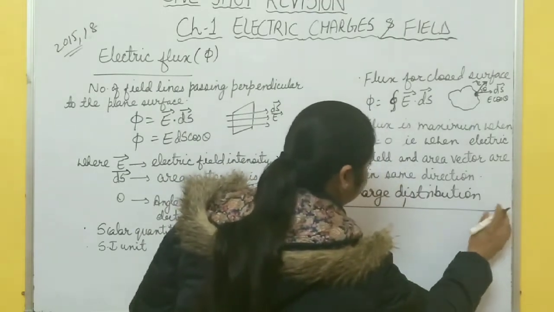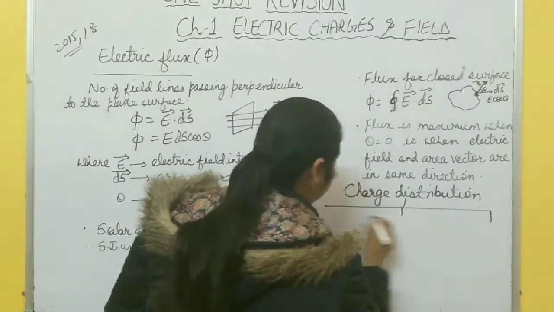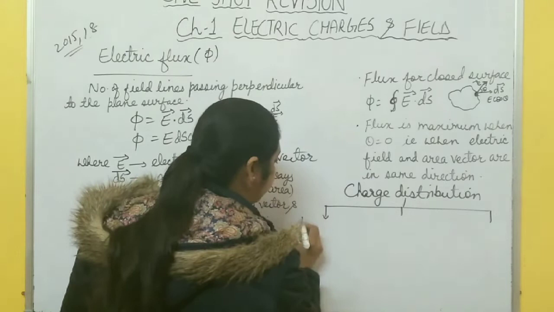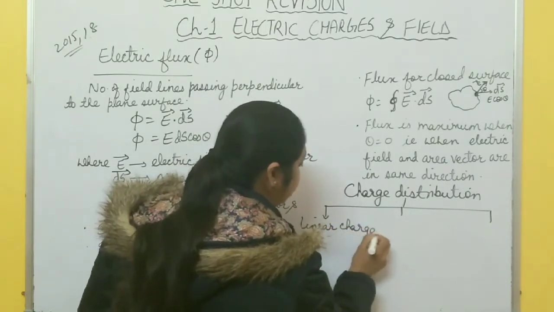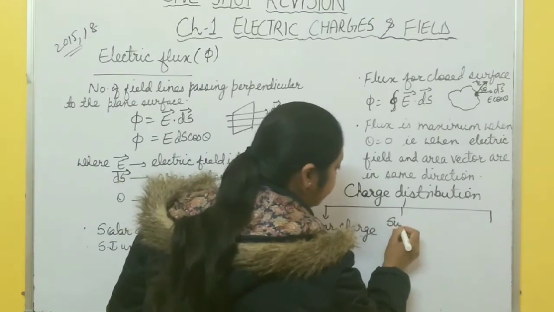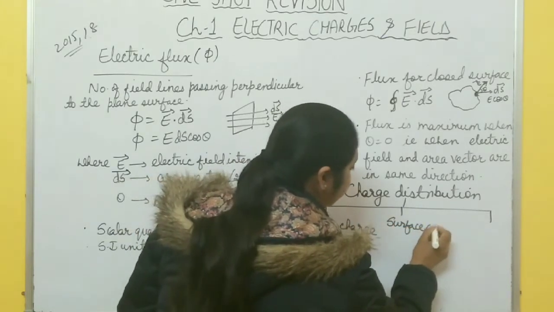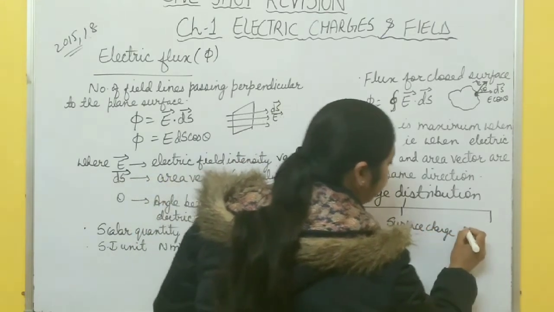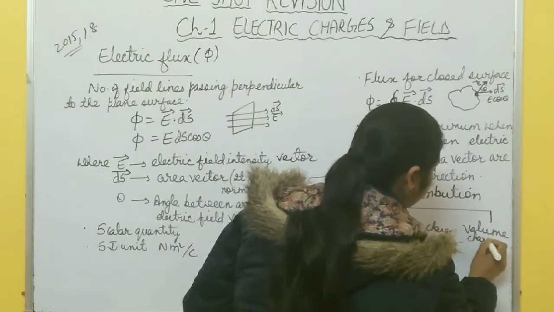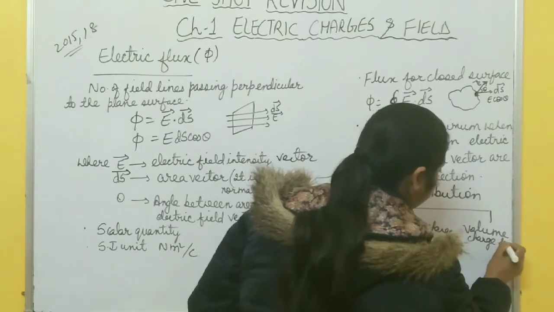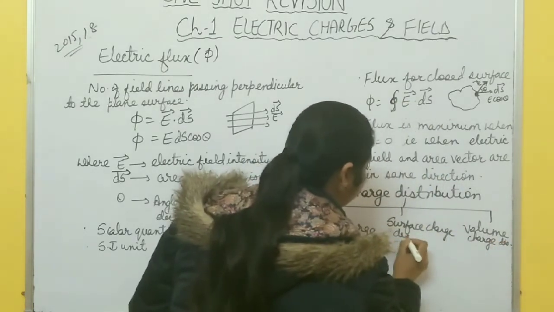First one is linear charge distribution. Second one is surface charge distribution. And third one is volume charge distribution.